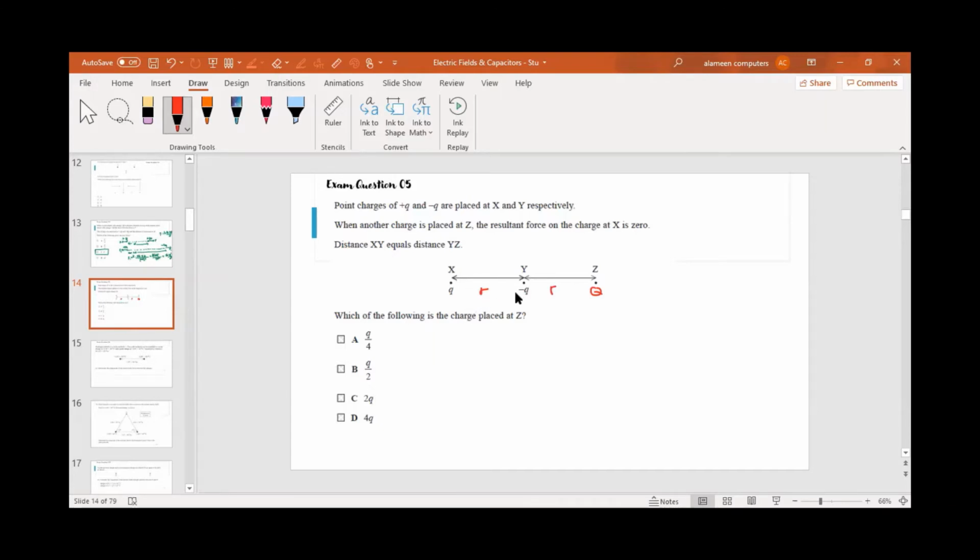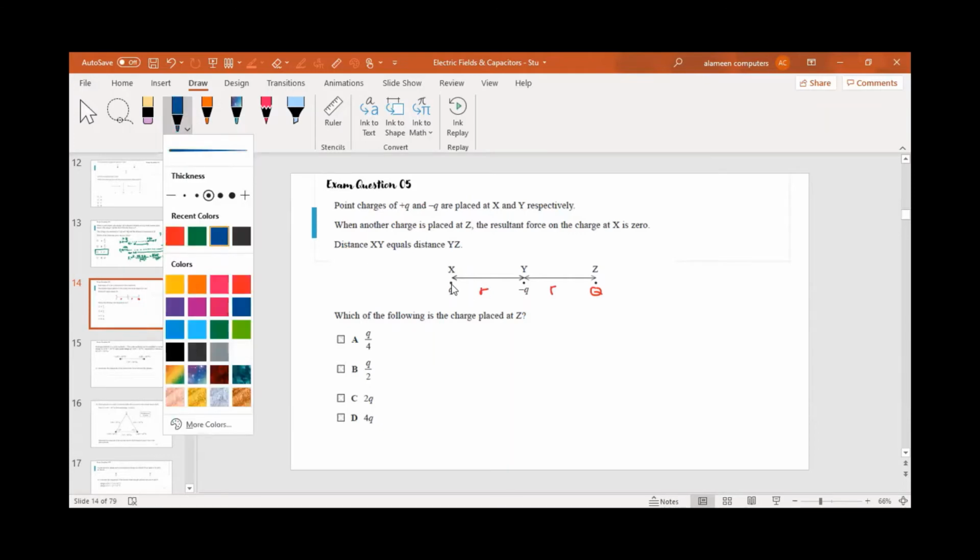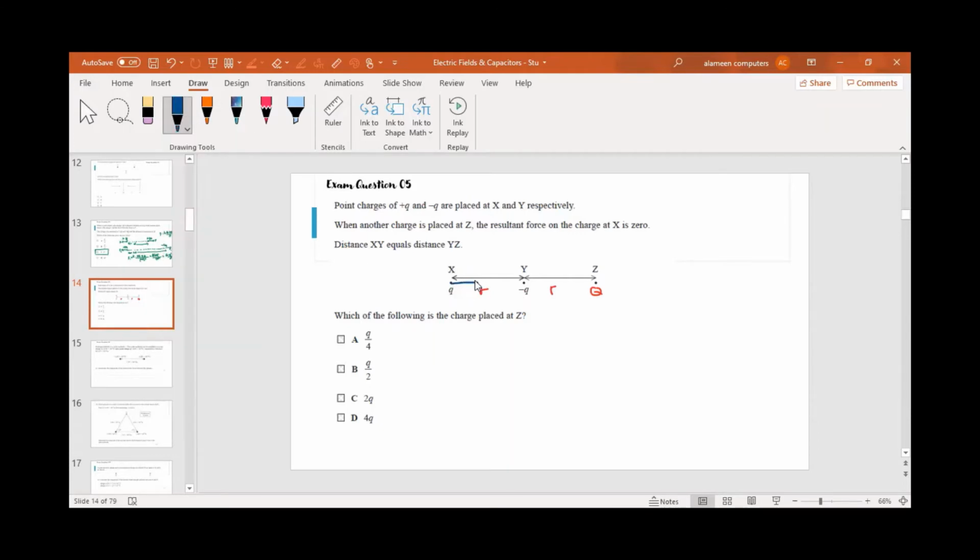So obviously, the force between small q and small minus q should be attraction, F. And obviously the other force should be repulsion, equal.